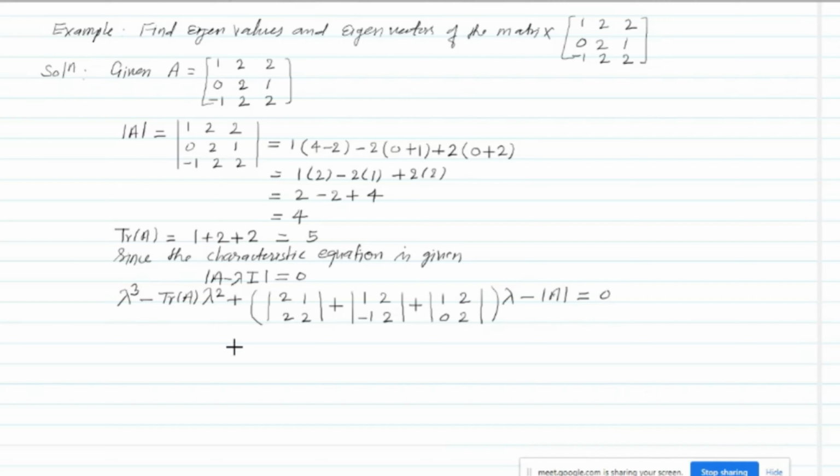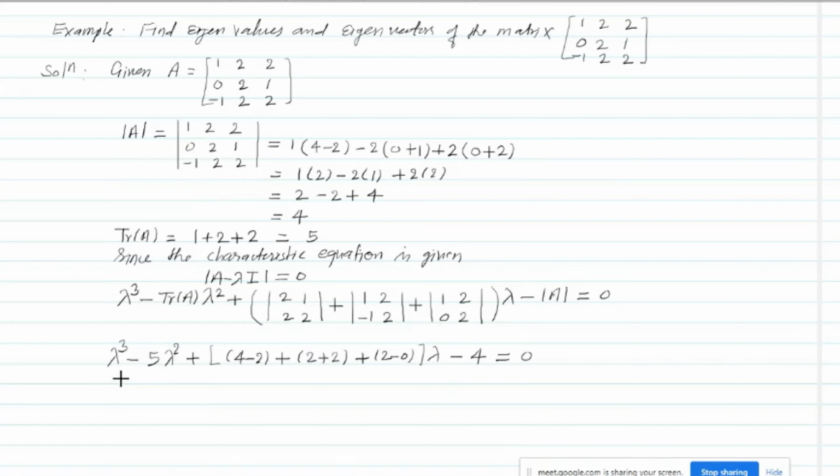Just simplify this. You'll have lambda cubed minus the trace of matrix A, which is 5, lambda squared, plus the simplification of the minors: (4 minus 2), plus (2 plus 2), plus (2 minus 0), times lambda, and minus the determinant of A. We found the determinant of A is 4, and this is equal to 0.